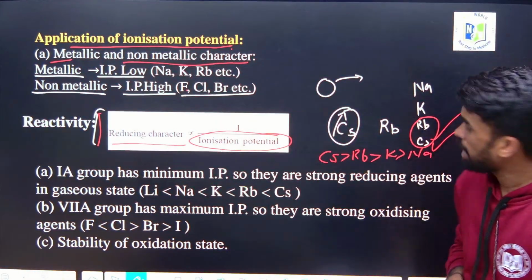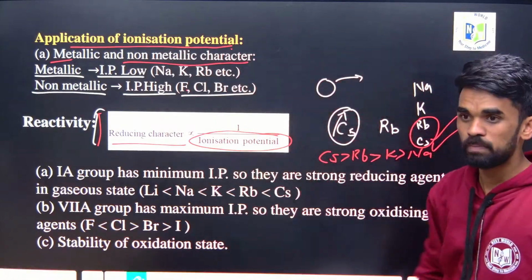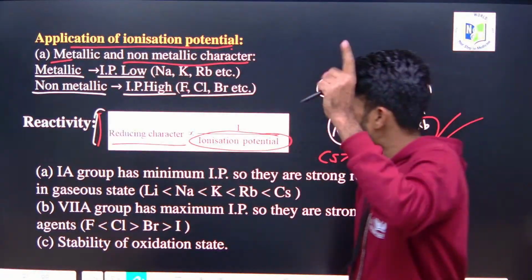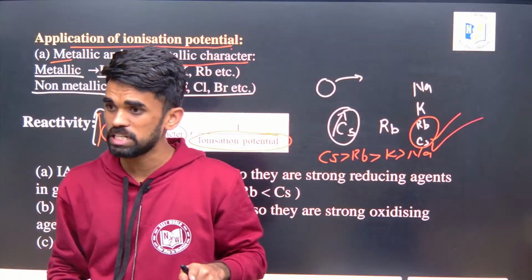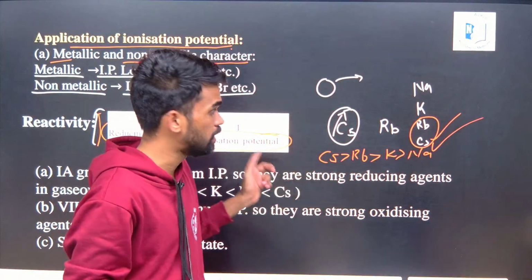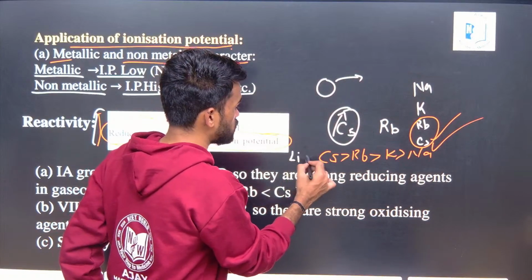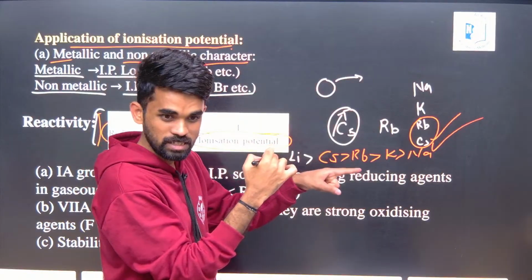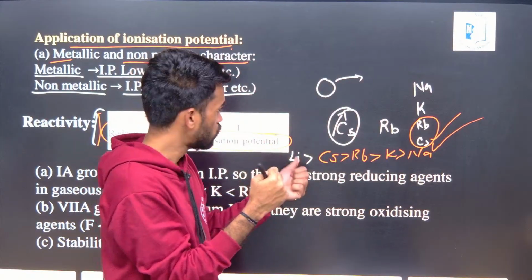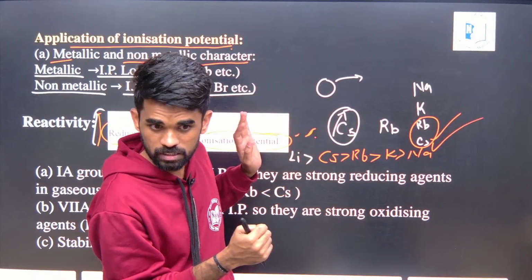Actually lithium should be least, but one more factor is there to understand reducing character, that is hydration energy, not included here. Considering both, lithium exceptionally comes first. First study this order and put lithium here. Is that clear?